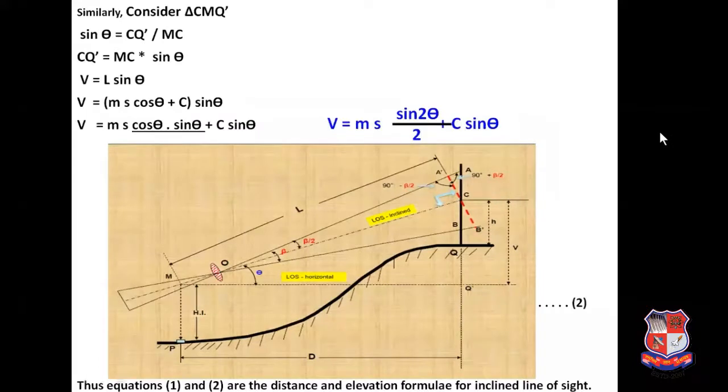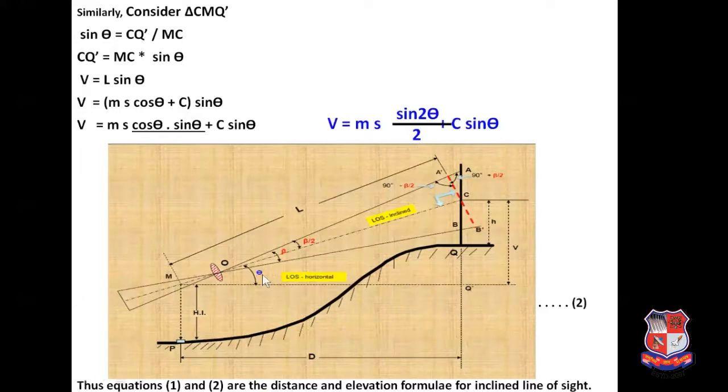Now, how to find the value of the vertical intercept capital V? We have to consider the triangle as shown in the figure, the triangle CMQ', and apply the sine rule.